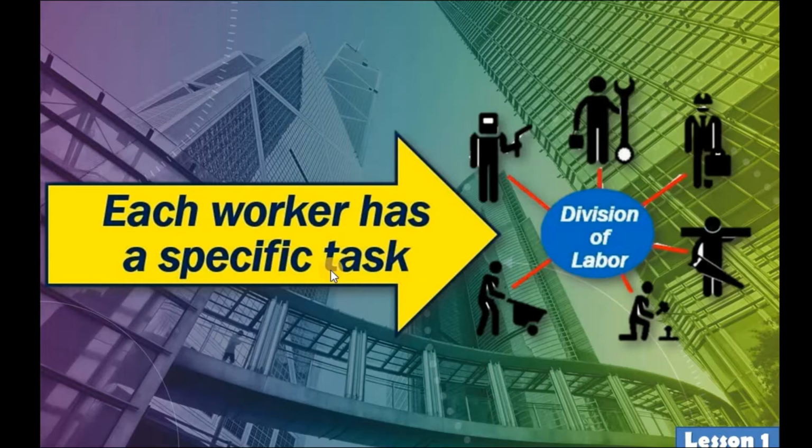Siyempre, depende po yun sa kanilang specific task, kung saan magaling si employee, doon mo siya ilagay. Bakit po? Kasi kapag hindi mo siya nilagay doon sa kung saan siya magaling, maybe yung salary na babayad mo sa kanya, maging waste lang. So, ito yung tinatawag natin na division of labor.